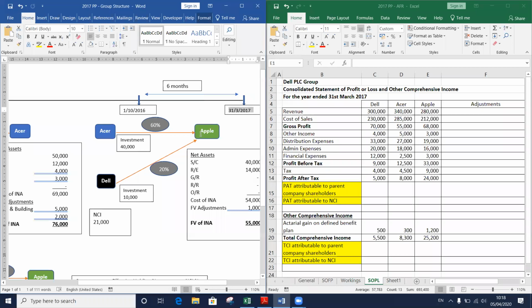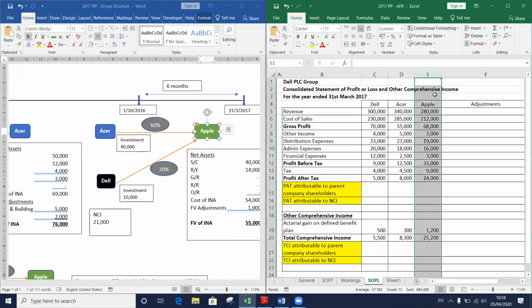After how many months of our financial year did Apple PLC become our subsidiary? After 6 months. So for how many months was it a subsidiary for us? 6 months. Apple PLC has been a subsidiary for us for 6 months.